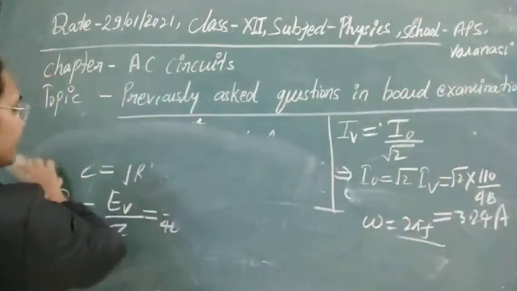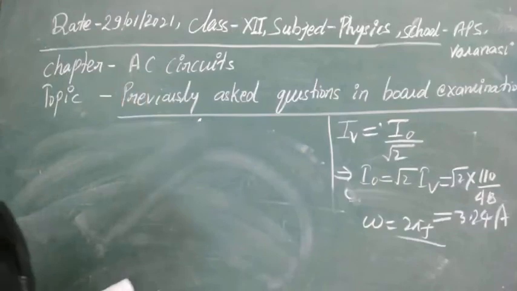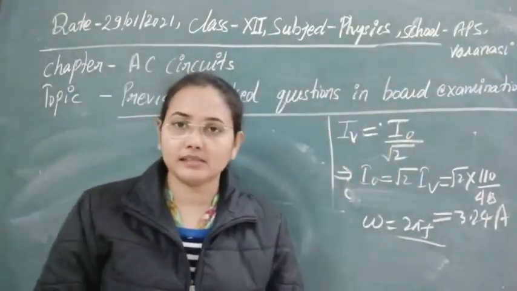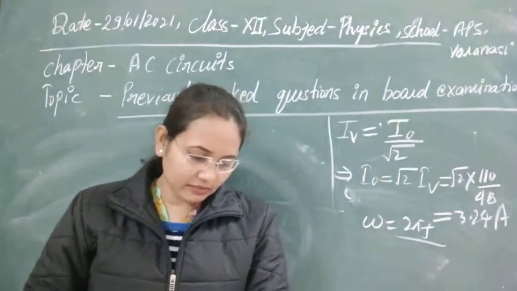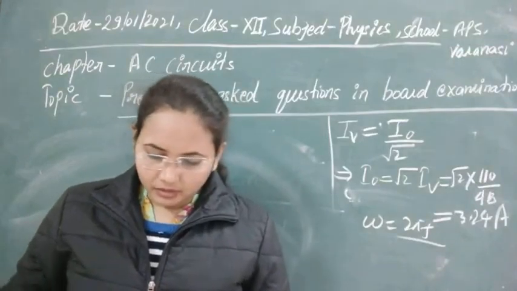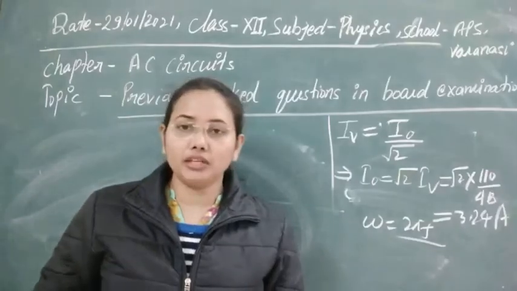So the first question is solved, that is the maximum value of current, with the help of the properties of the capacitive resistive circuit. The second question is: what is the time lag between the maximum current and the maximum voltage?